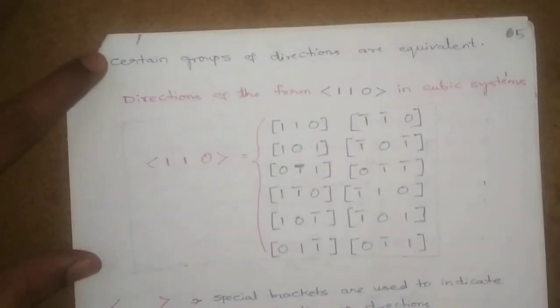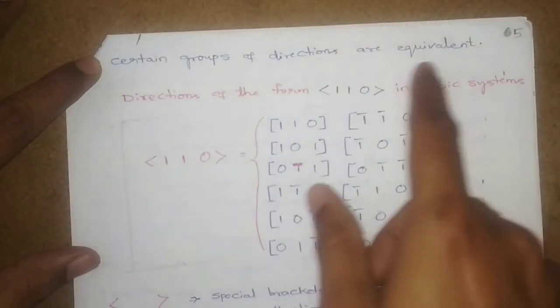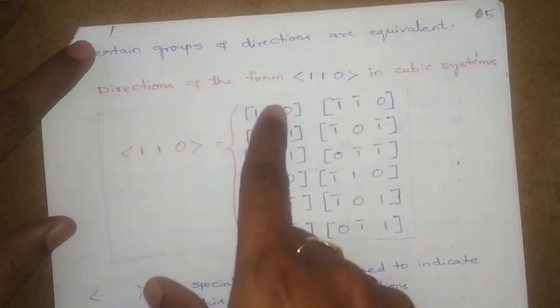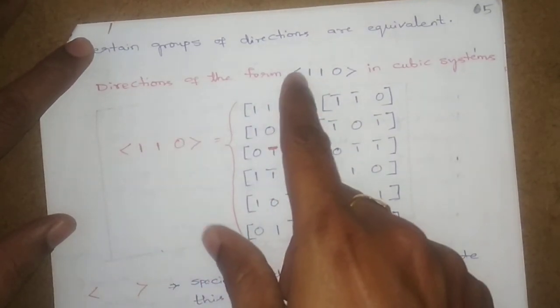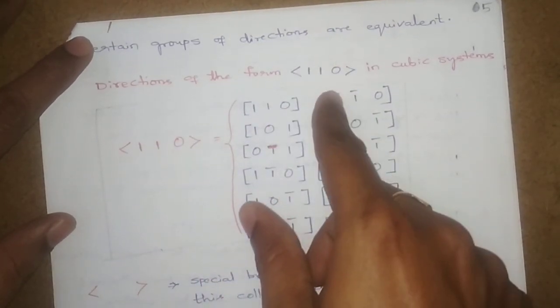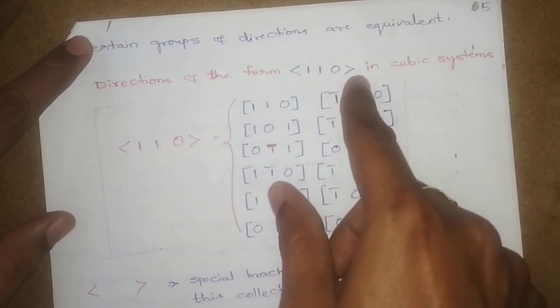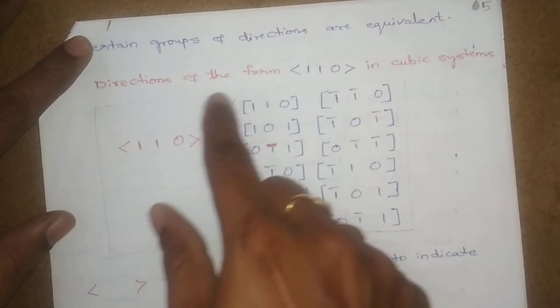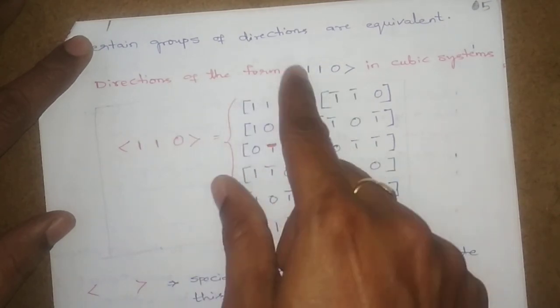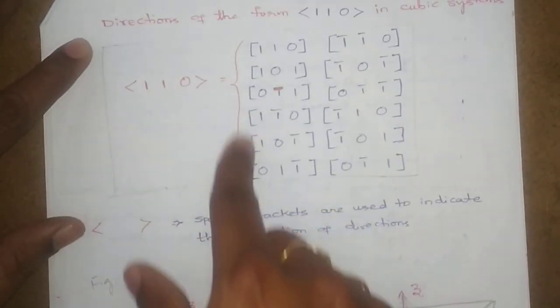And the third point, certain groups of directions are equivalent. For example, instead of square brackets, if you mention the numbers in special brackets, then directions of the form 1, 1, 0, enclosed in special brackets, indicate a family of directions.